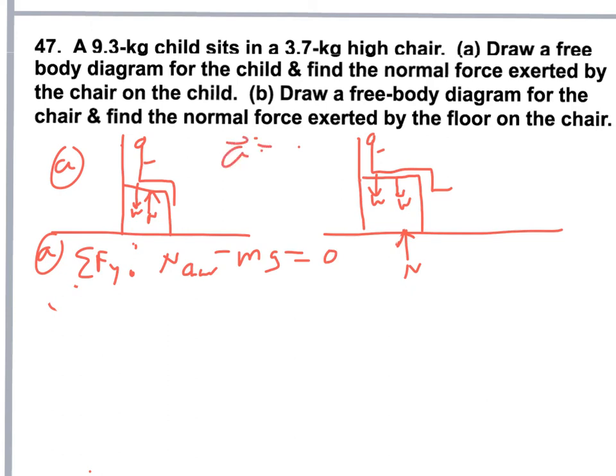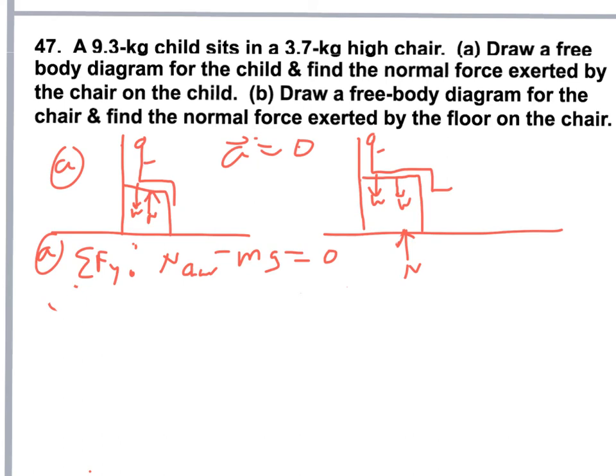The acceleration is 0. So we have our F equals ma right over there, and we can see now that n and the weight are the dominant forces acting. We can actually put numbers in now.